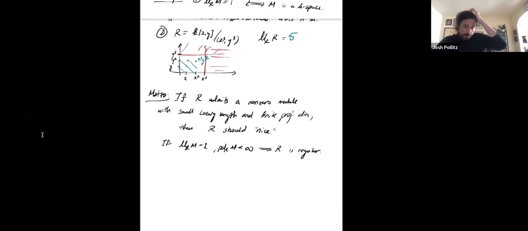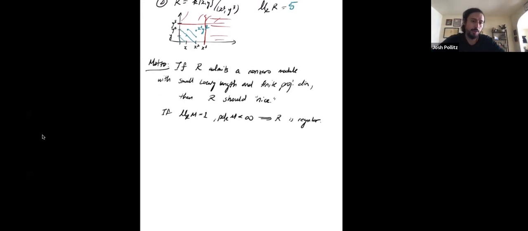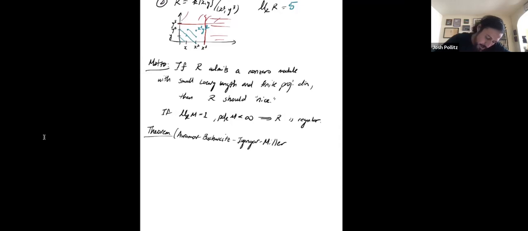Okay, and so I want to state a theorem that makes this a bit more precise and builds on some bounds that were established in homotopy theory. And it's the following theorem, due to Avramov, Buchweitz, Iyengar, and Claudia Miller in 2010.